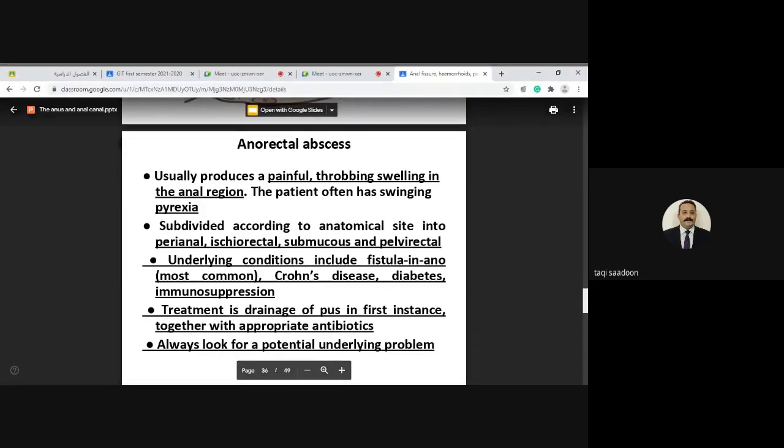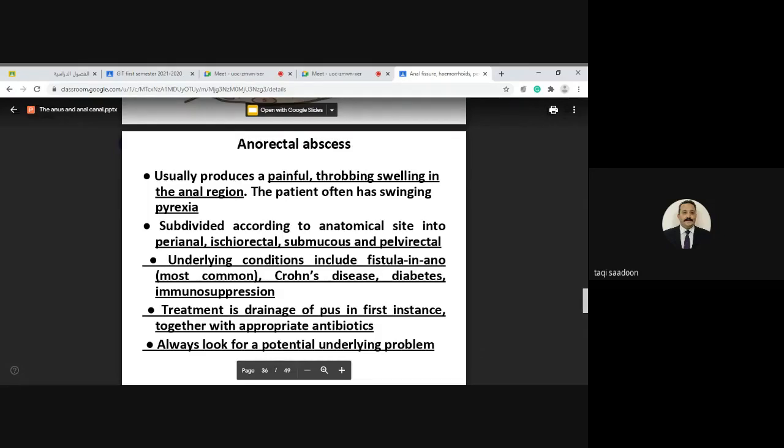So perianal abscess presents with painful, throbbing swelling in the anal region, may be associated with pyrexia, fever. It is either perianal, ischiorectal, submucous, or pelvirectal.